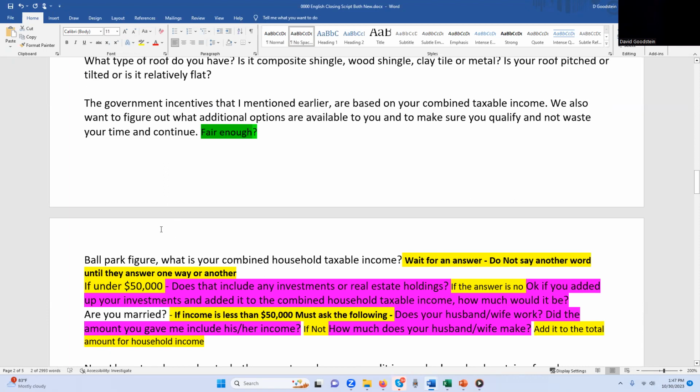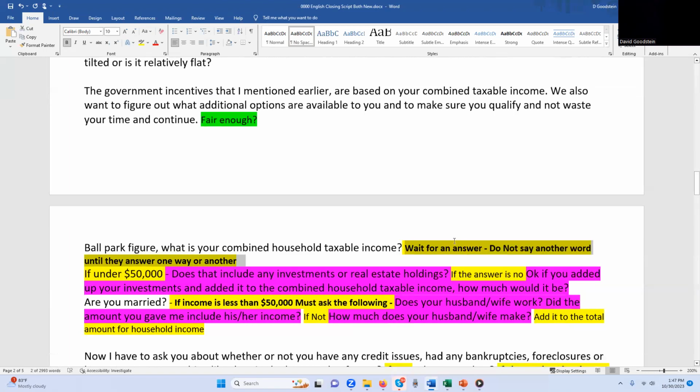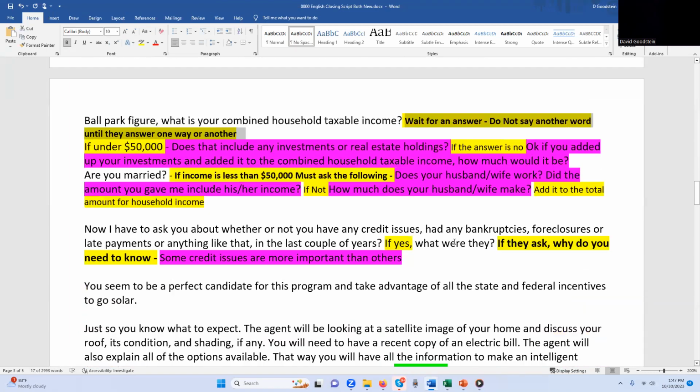Okay, ballpark figure. What is your combined household taxable income? Direction. Wait for an answer. Do not say another word until they say something. Now, if it's under $50,000, you need to ask this, because we want to fish for additional income.